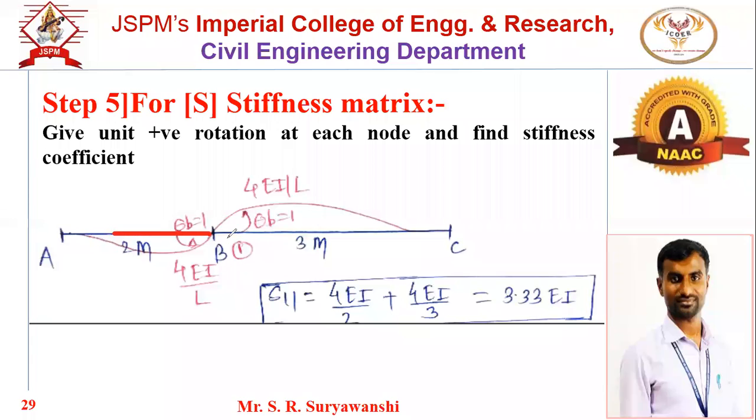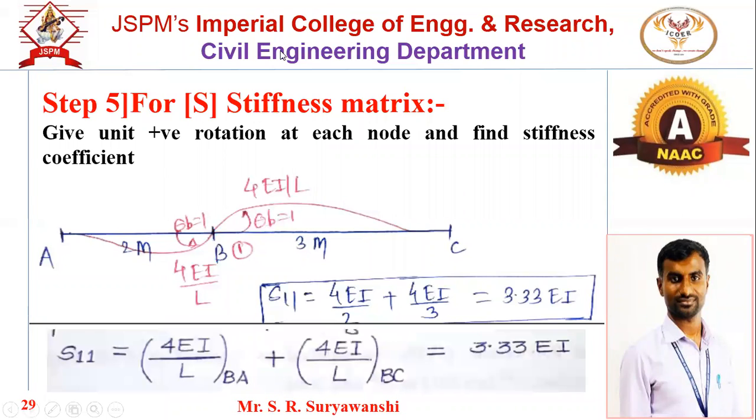There are two spans, so 4EI by L for both spans we have to add: 4EI by L of BA plus 4EI by L of BC. What is L of AB? That is 2. So 4 by 2 is 2EI.